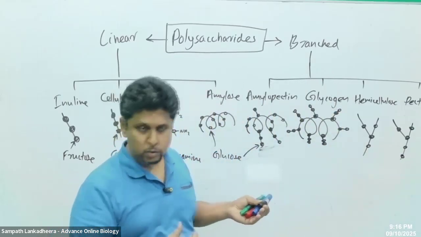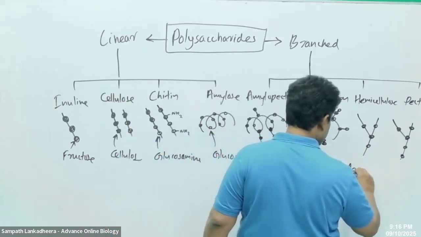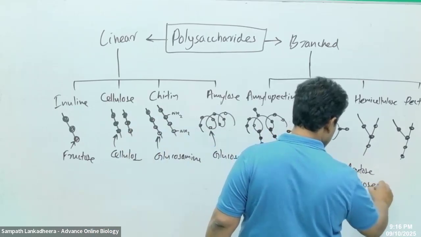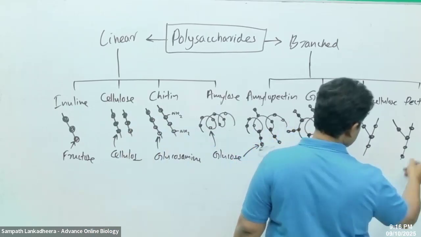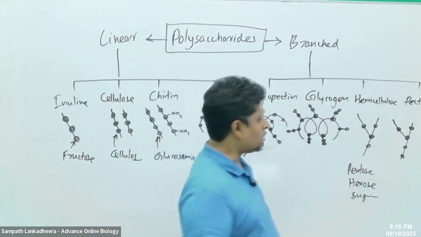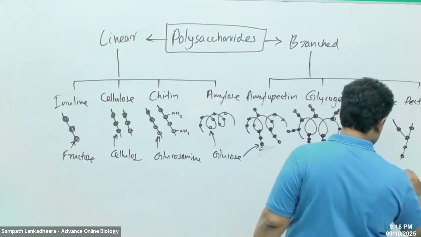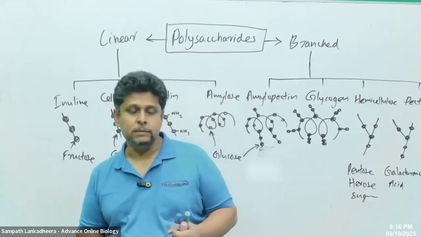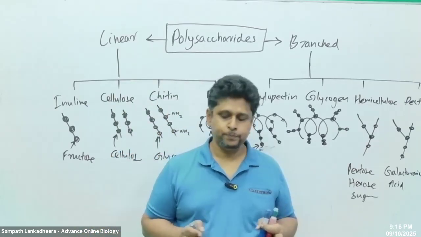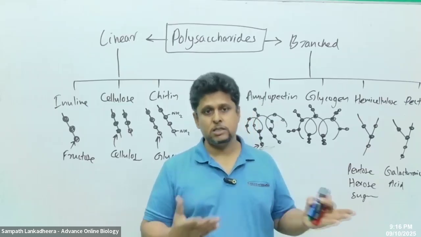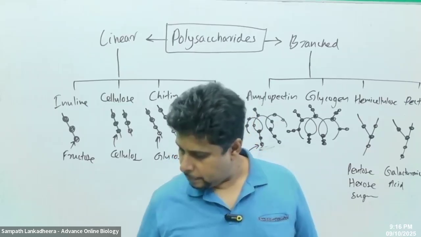Hemicellulose, we said, is pentose and hexose sugars. And pectin is galacturonic acid. Galacturonic acid is the monomer. So this is what we discussed about polysaccharides.